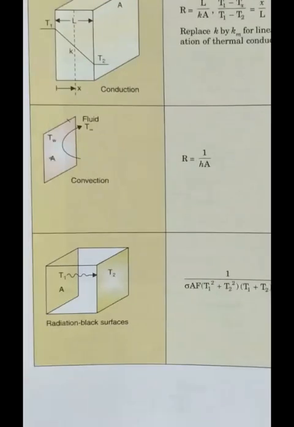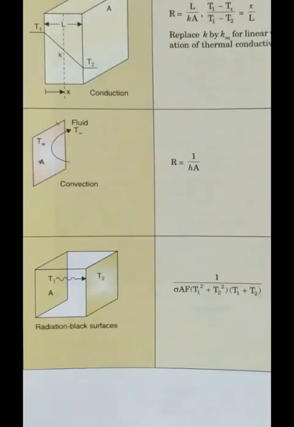Then similarly for radiation. As you can see, there are two plates, and between the plates it is totally vacuum. The first plate is where T1 is shown, the extreme left surface, and T2 is another plate, the second plate.